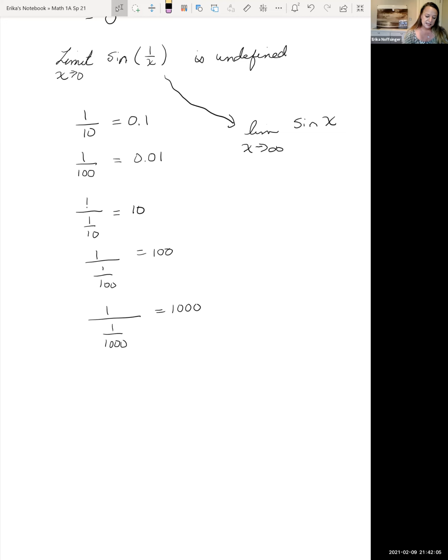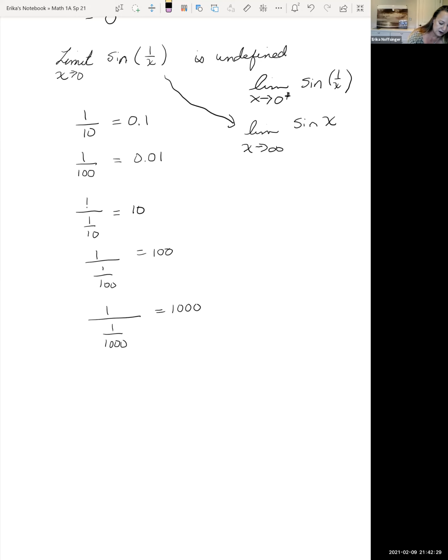If I'm looking at the limit as x is approaching 0 on the right-hand side of sine of 1 over x, these are positive numbers that I'm plugging in.